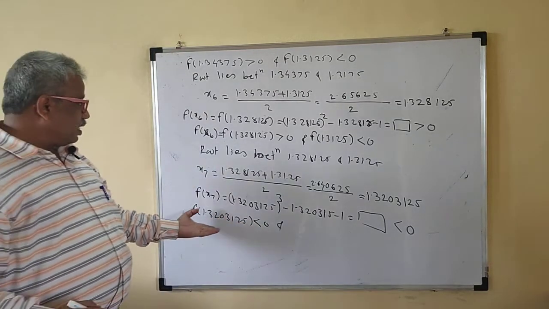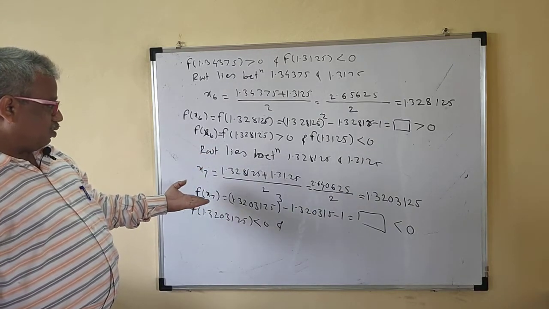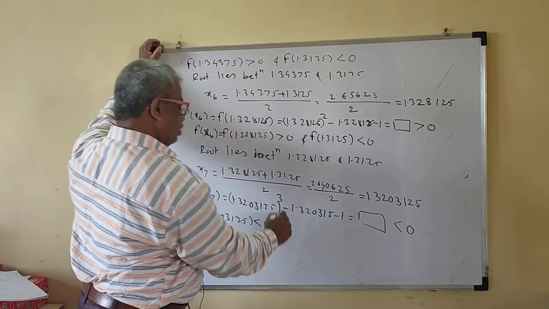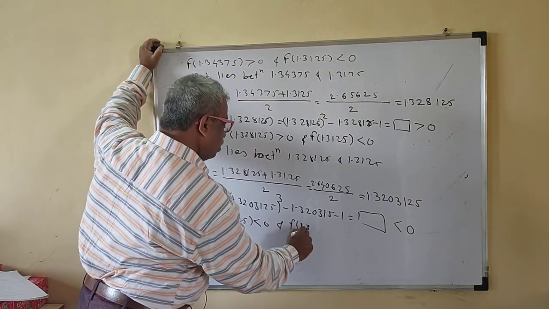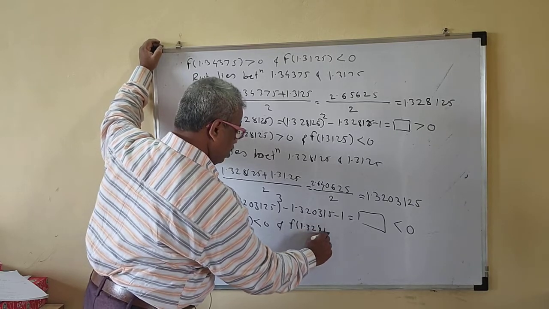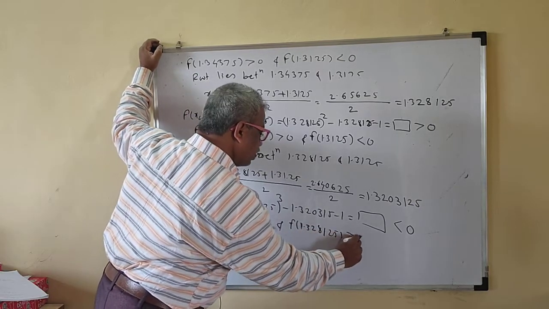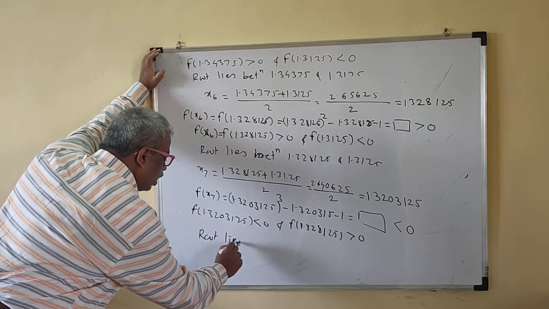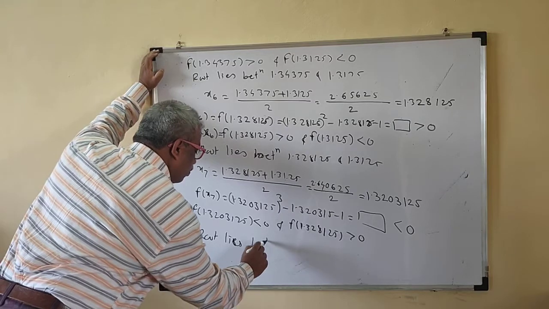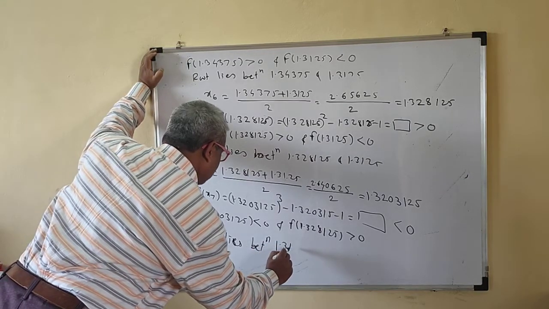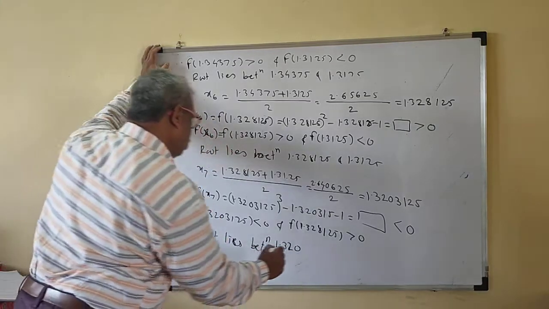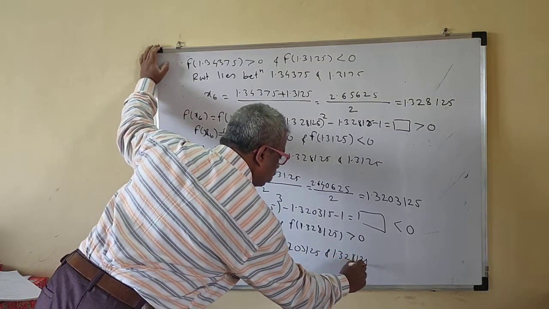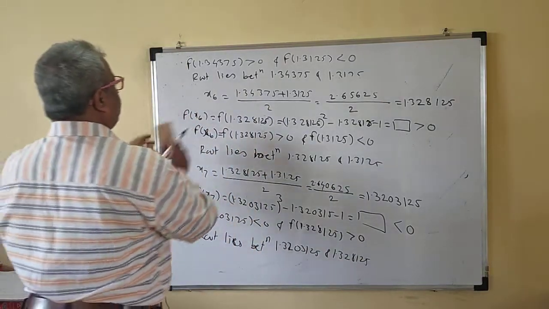Which one is greater than 0? The previous one, 1.328125. f of 1.328125 is greater than 0. Therefore, the root lies between 1.3125 and 1.328125. Okay.